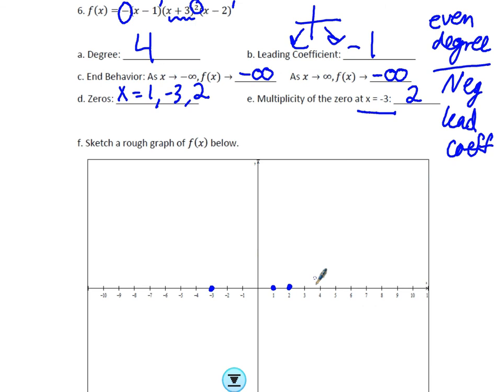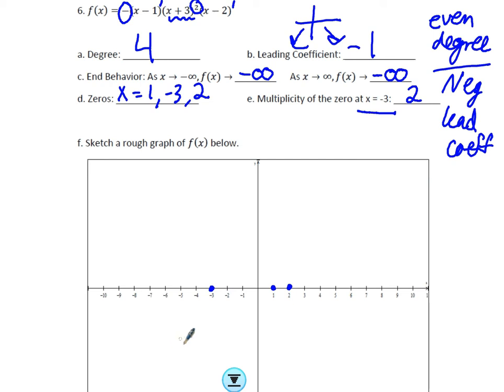Now, what we know is that the multiplicity at 1 and at 2 are both 1, and the multiplicity at -3 is 2. And then I use the information that I just talked about in my last example. If the multiplicity is 1, it goes straight through. And if the multiplicity is 2, it sort of bounces and just touches.